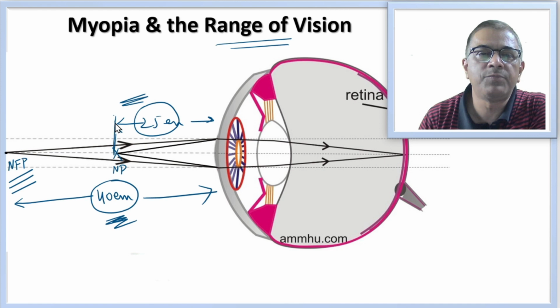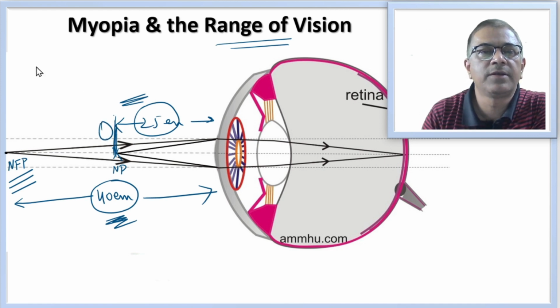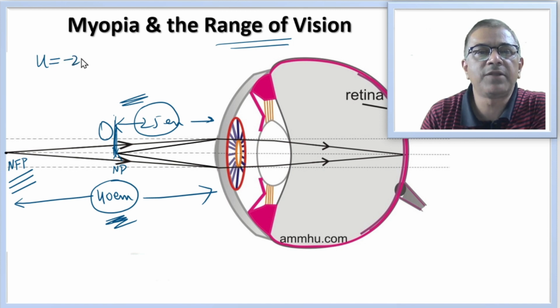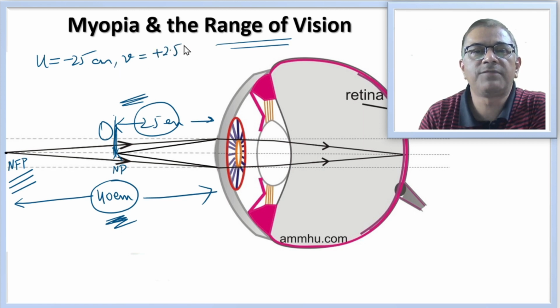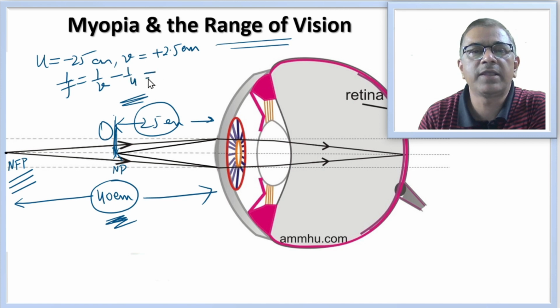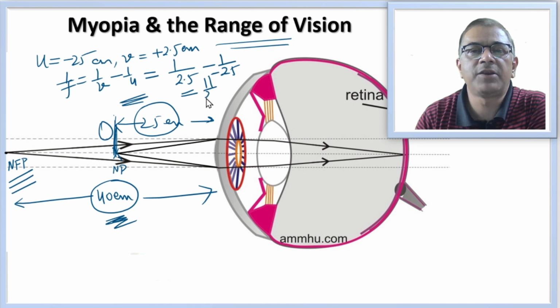When we consider the object to be at the near point, then u is equal to minus 25 centimeter, v is equal to plus 2.5 centimeter, and the focal length of the eye lens system can be calculated using this formula: 1 by f is equal to 1 by v minus 1 by u, and this is equal to 1 by 2.5 minus 1 by minus 25, and this is equal to 11 by 25.